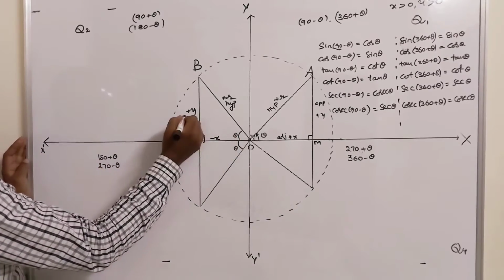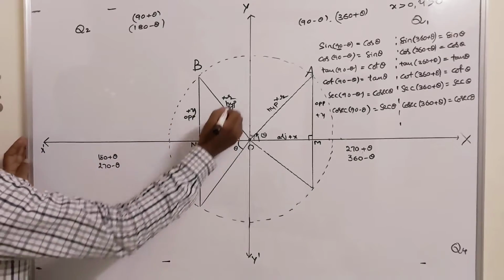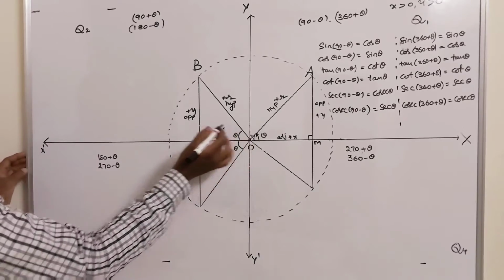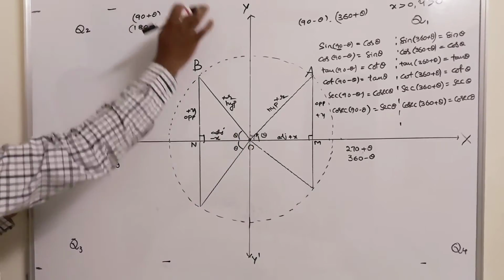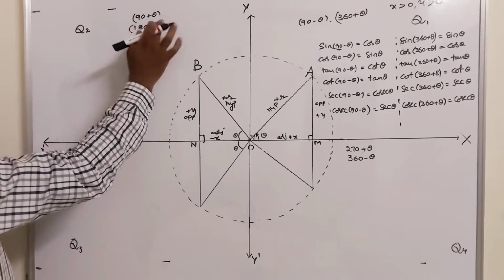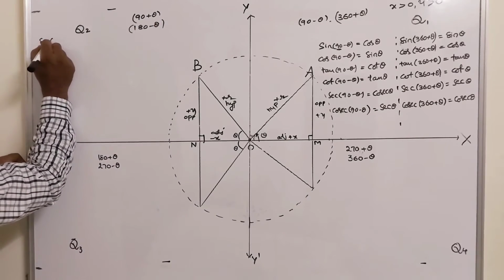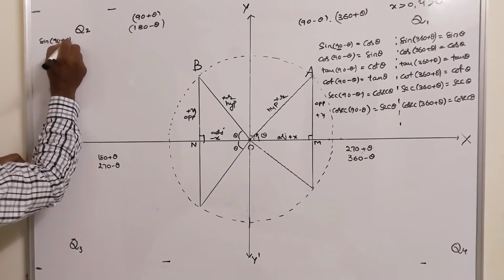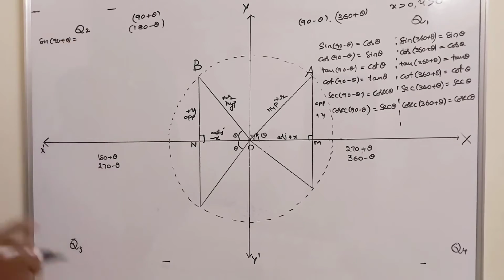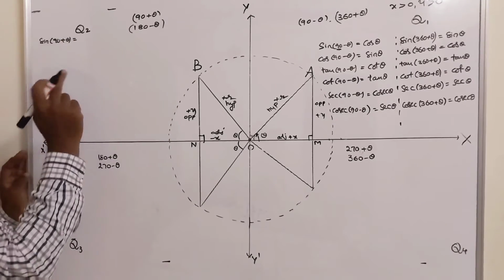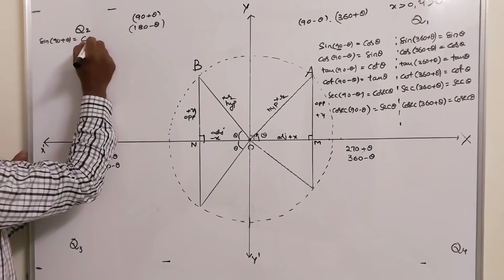Now this one is the opposite side, this is the hypotenuse, and this one is the adjacent side. Now in the second quadrant, what are the angles there? 90 plus theta and 180 minus theta. That is sine of 90 plus theta is equal to, where one right angle, then sine becomes cos theta.